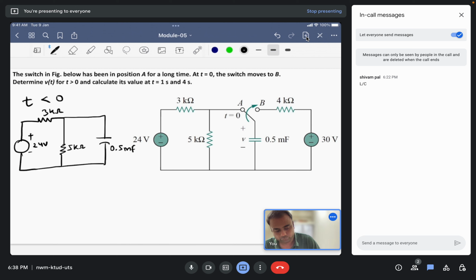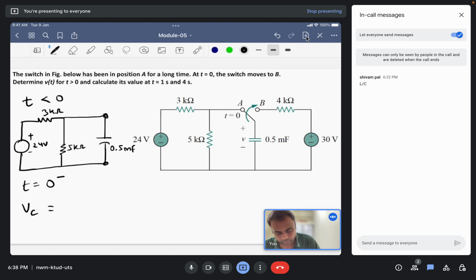So we have to first of all calculate the potential across the capacitor at time t equals 0. That is at time t equals 0 minus, just before the switch has been moved from A to B. The voltage across the capacitor VC will be the same as the voltage drop across the 5 kilo ohm resistance. So we'll use the voltage divider rule again here.